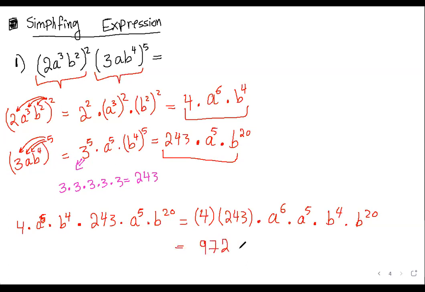Now we have the same base, a and a, but different exponents, so we do summation for the exponents. What is the answer? A to the power 11, exactly. Times b: we have 4 and 20, which is 24. So this is the simplest form for this expression.